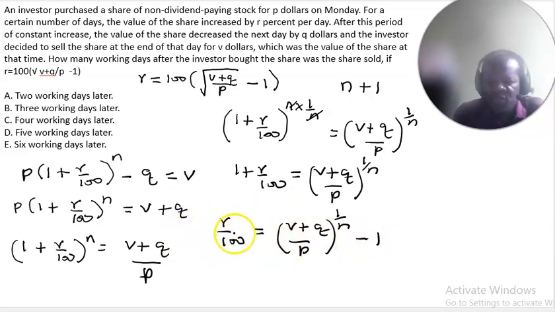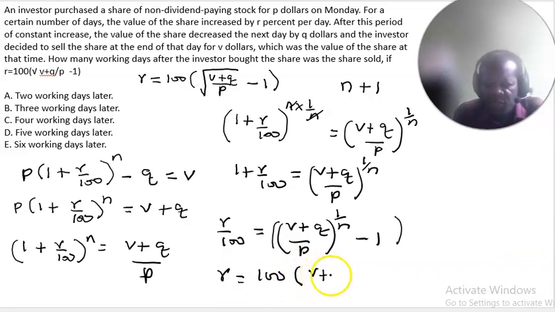So you multiply all through by 100. So this becomes R equals 100 in brackets V plus Q over P, put this in brackets, raised to 1 over n, minus 1.